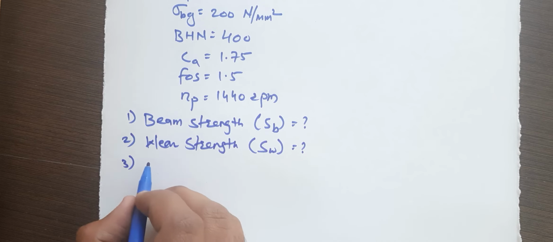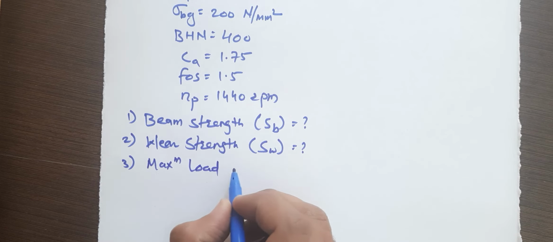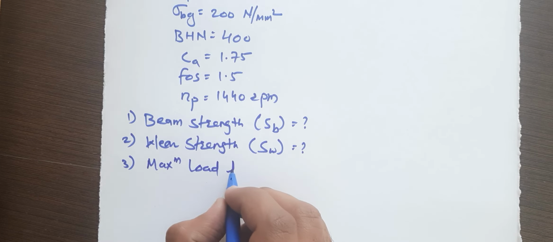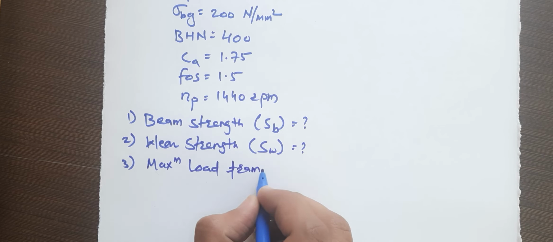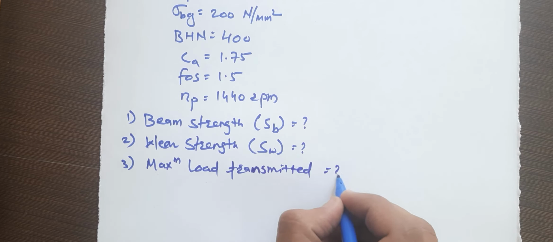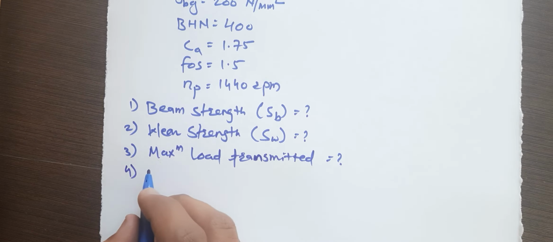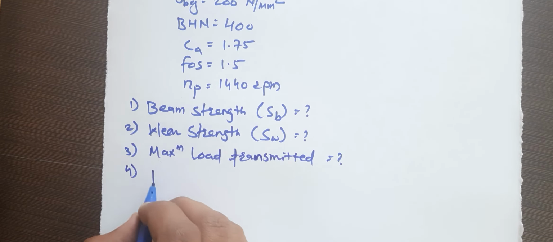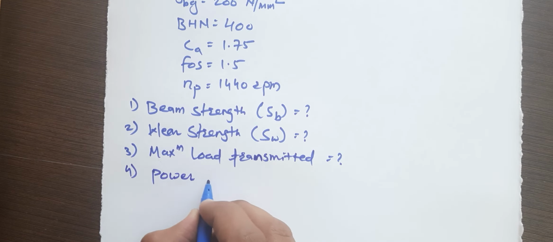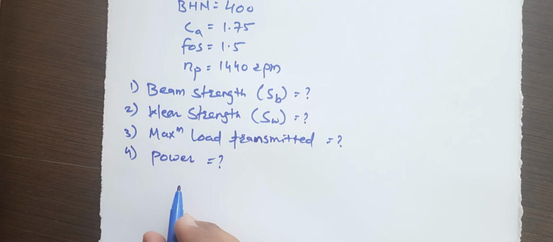Okay, so maximum load the gear can transmit. And number 4, the rated power, that is the power that the gear pair can transmit.